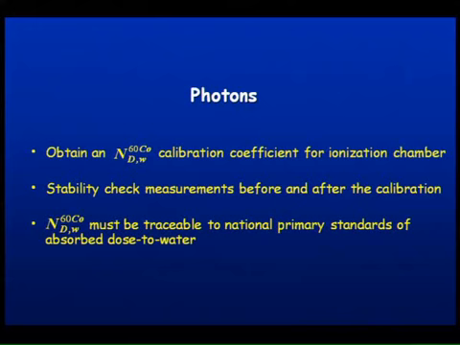This is to ensure that the chamber characteristics have not changed during transit, so that the calibration coefficient the calibration laboratory has provided for your chamber is applicable. And N_D,w must be traceable to the national primary standards of absorbed dose to water to maintain the uniformity of the dosimetry.